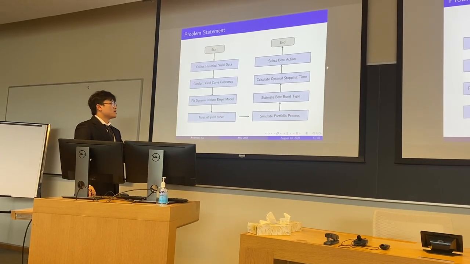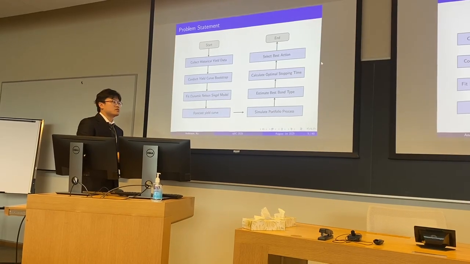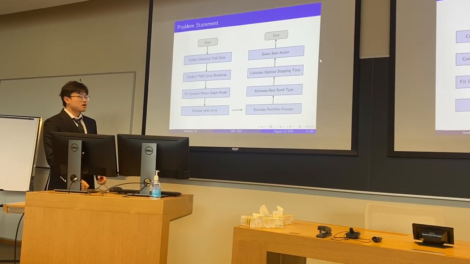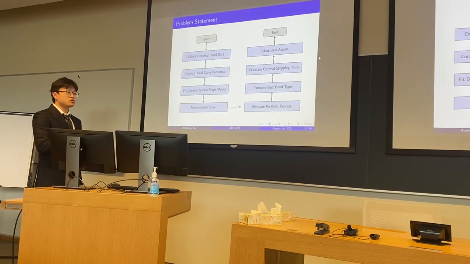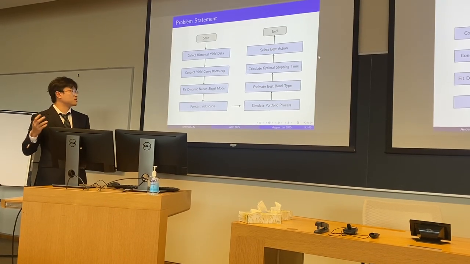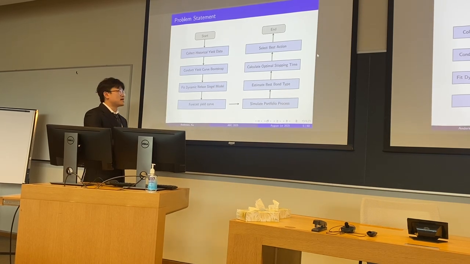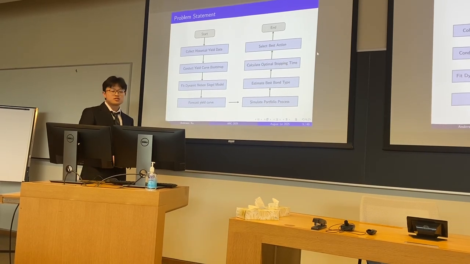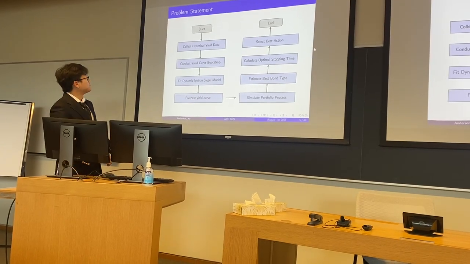Then we estimate the best bond type that we should trade: we should buy, sell, or strip. Then we calculate the optimal stopping time for when we should act on the bond. For the last step, we select the best action to take. This will maximize our portfolio and reduce the risk.